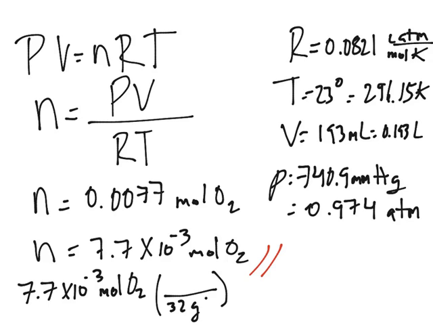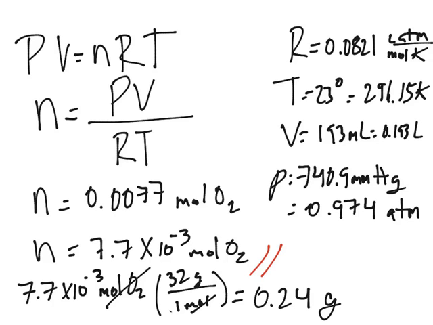Sorry, this should go in the numerator, because as you remember, the denominator has the given unit, and we want it in grams, so 32 grams. So the moles cancel with the moles, and it's 0.24 grams of oxygen.